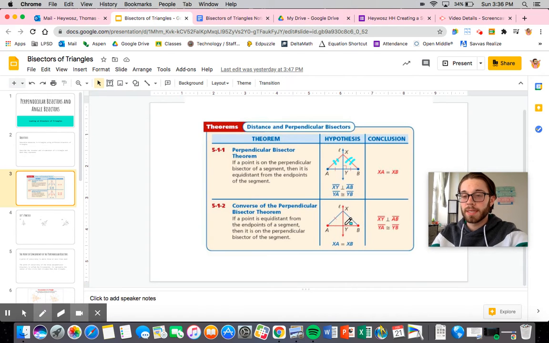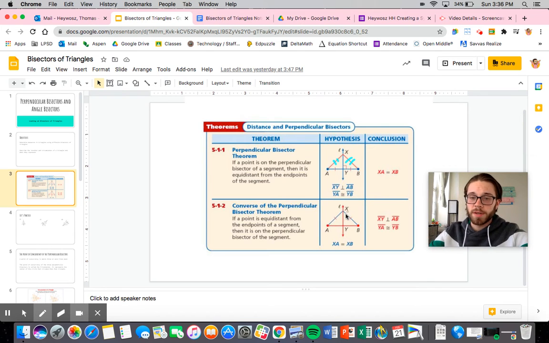The converse is saying, if I have a point that is equidistant from the endpoints. So the theorem says I know I have a perpendicular bisector, and I pick any point on it, it's equidistant from the endpoints. This from this is the same, both sides are the same.